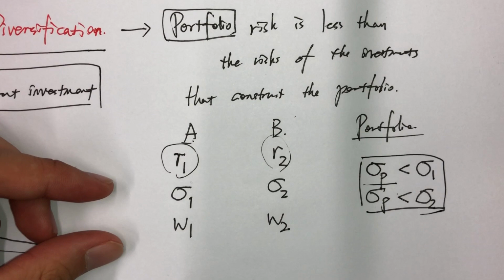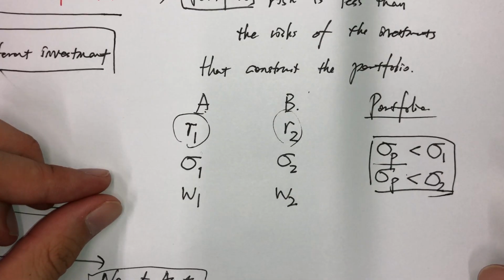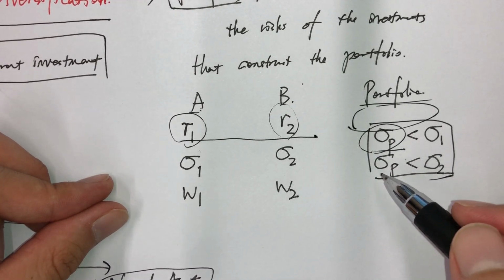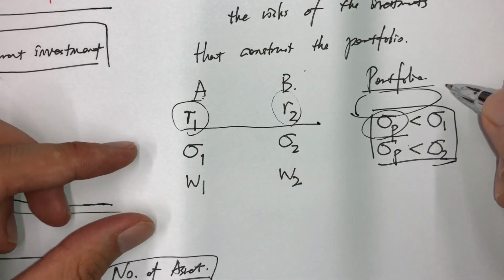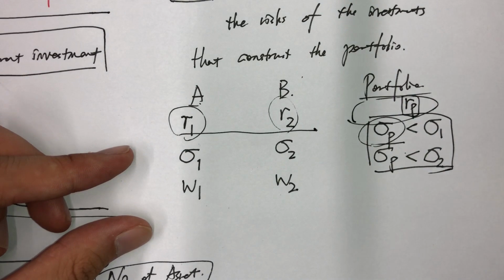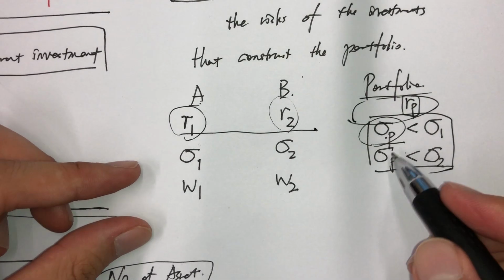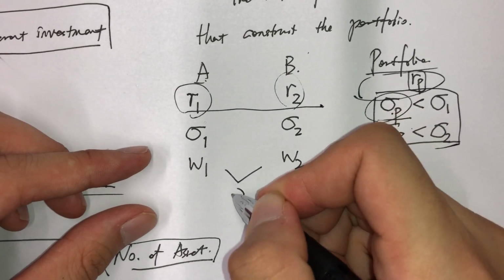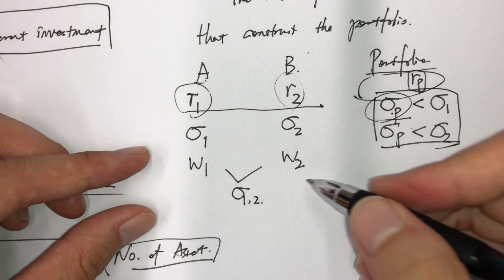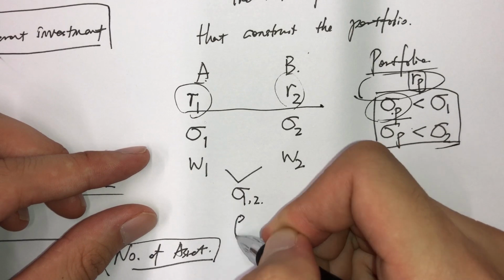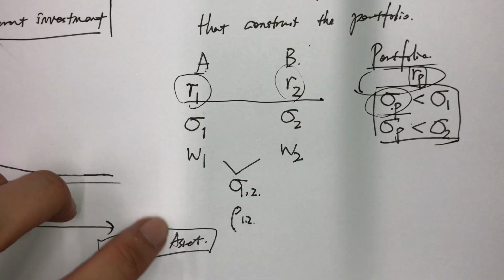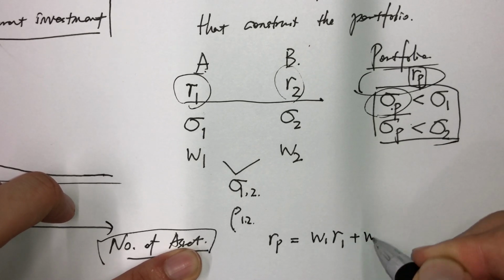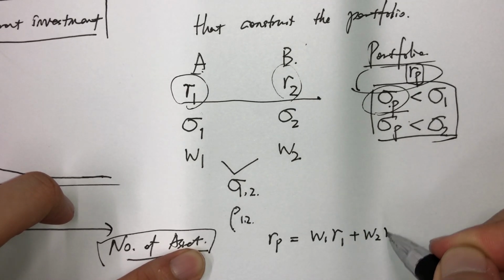So all the tasks that you are required to do is actually to calculate the portfolio return as well as the portfolio variance or standard deviation. If we denote RP as the portfolio return, sigma P as the portfolio standard deviation, and we denote the covariance between A and B as sigma 1,2, or the correlation coefficient of A and B as rho 1,2, then we get the formulas. RP equals the weighted average of R1 and R2, which is W1 R1 plus W2 R2.